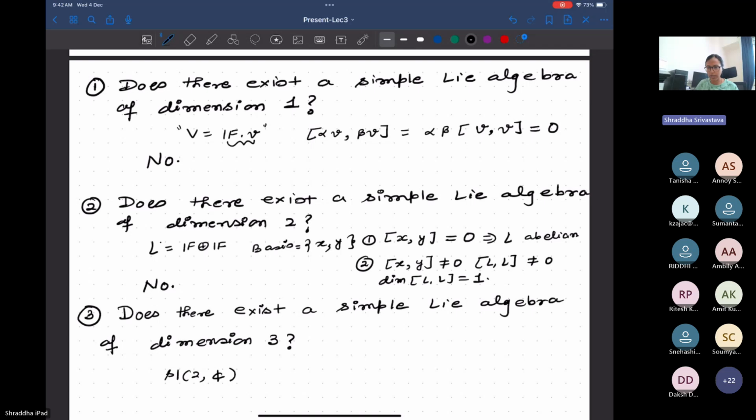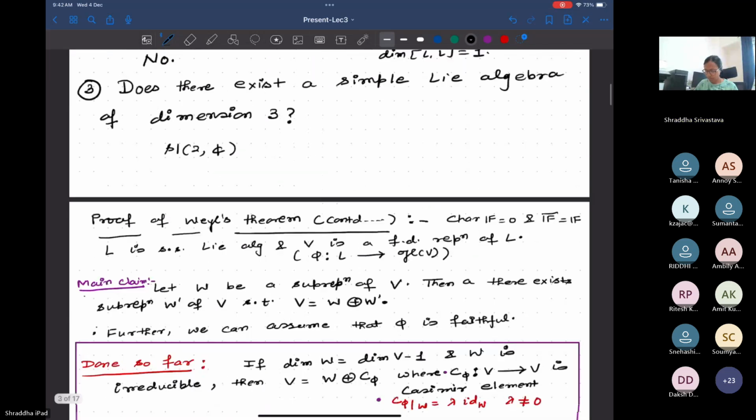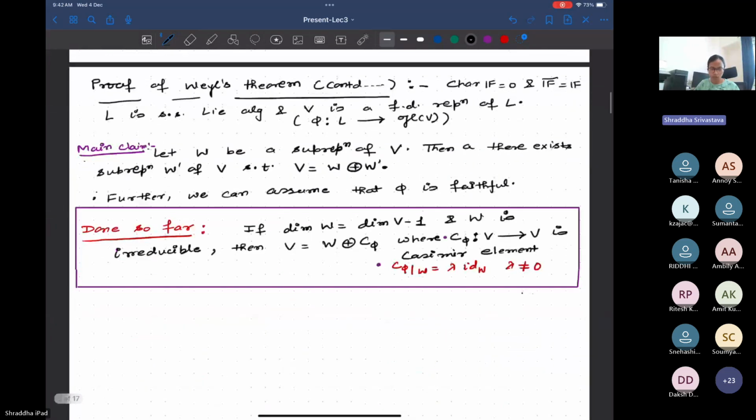So it is very important to have its full picture independently. This is the motivation for today's lecture, why we are going to look at representations of SL2C right after we complete the proof of Weyl's theorem. So let us now go back to Weyl's theorem and try to complete it.